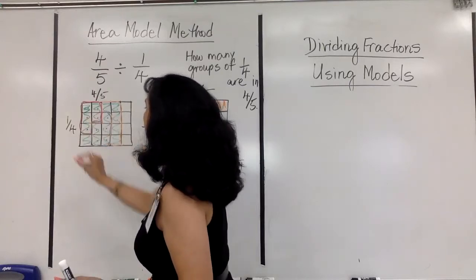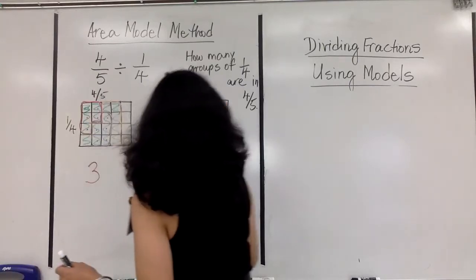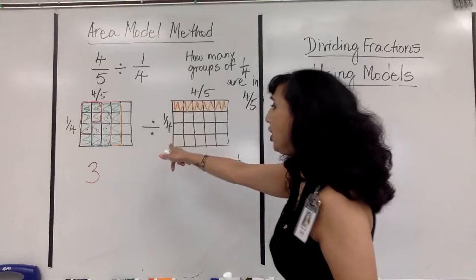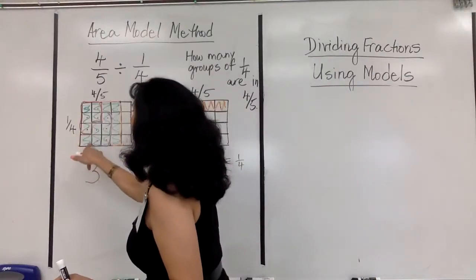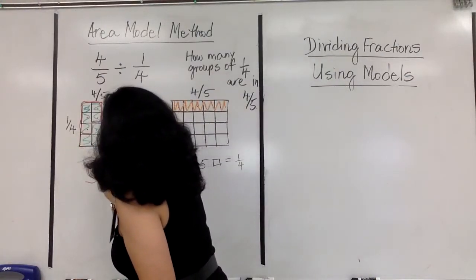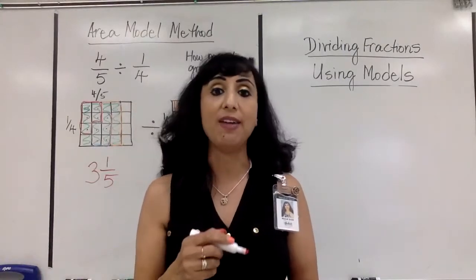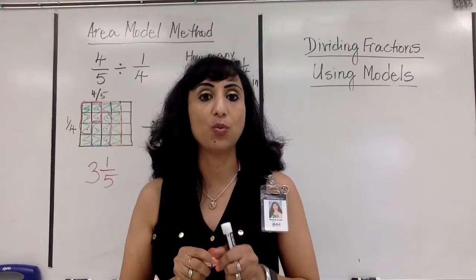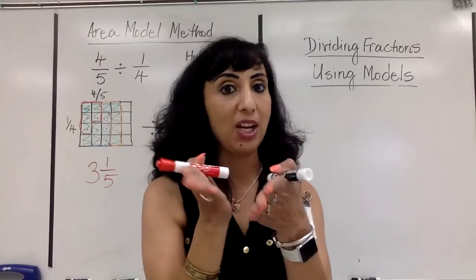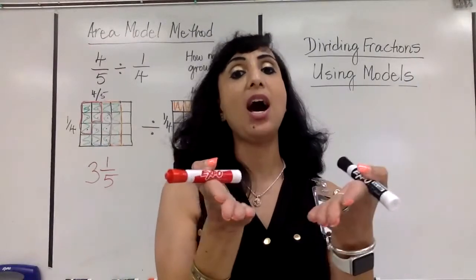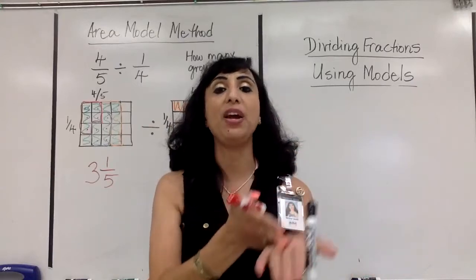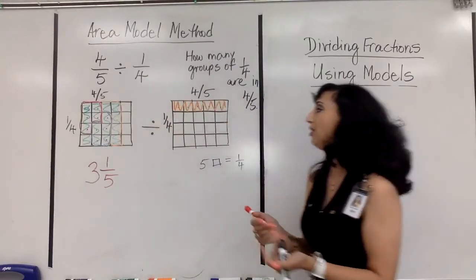So this is 3. So I have 3 groups of 1/4, and I have this tiny little part which is 1/5. 1 out of the 5, because remember that 5 little squares is equal to 1/4, and we are trying to see how many of those 1/4s are fitting in 4/5. How many groups of those are in 4/5?